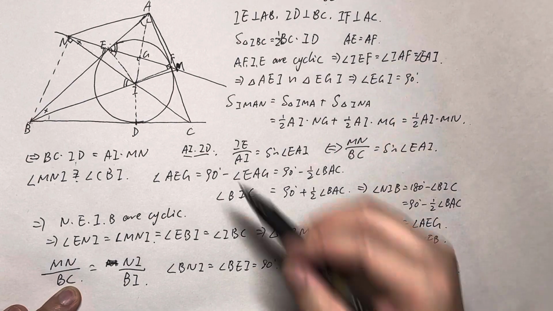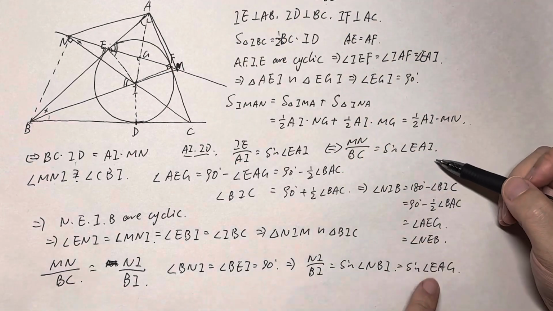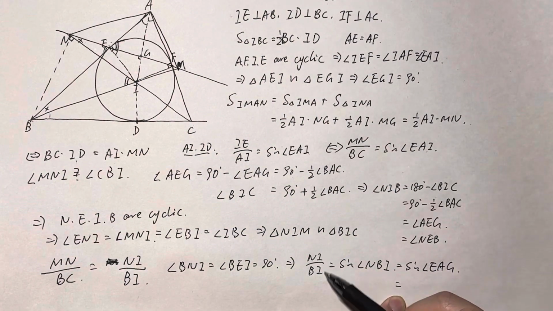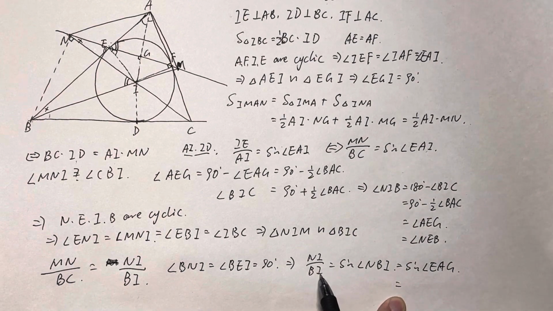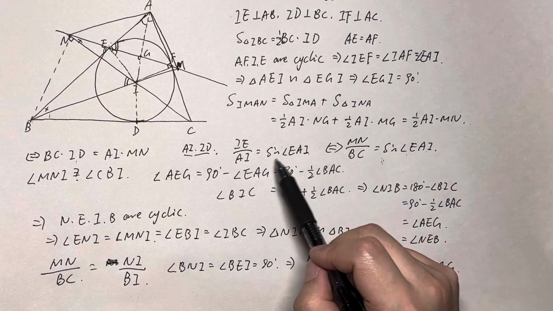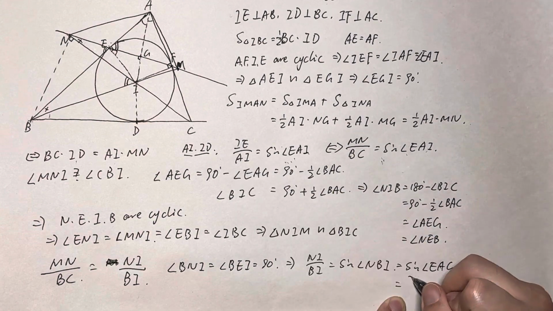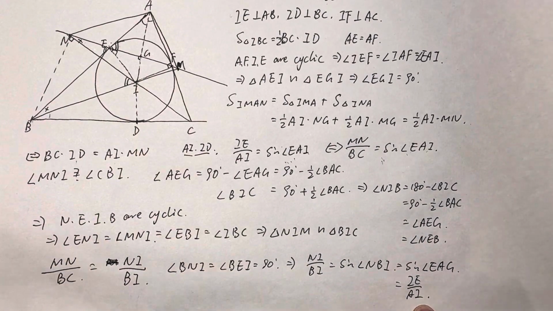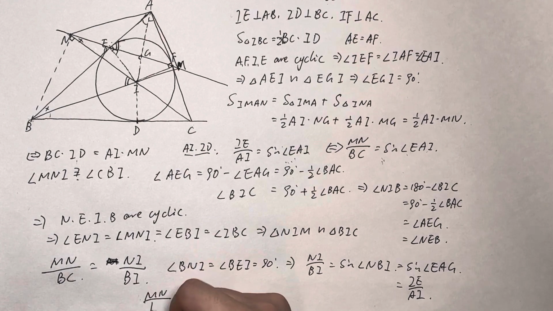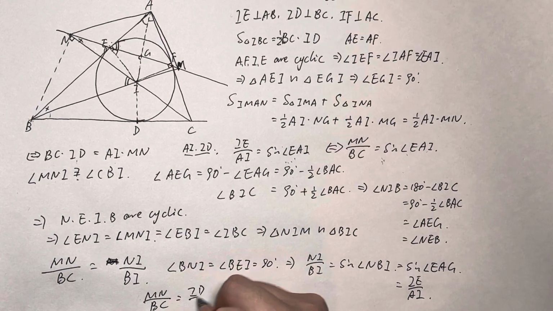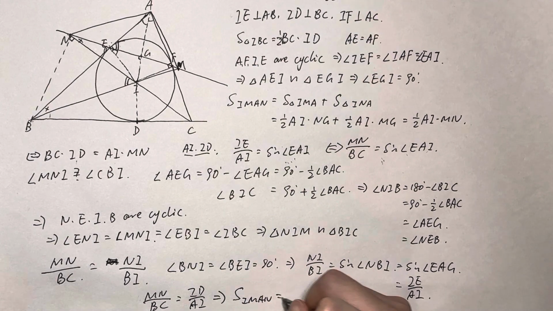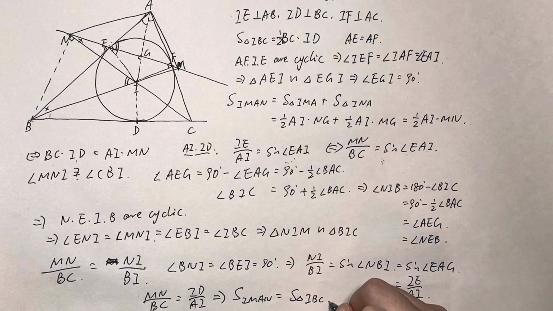Right, EAG is EAI. So we just proved that MN to BC equals NI to BI equals sine of angle EAI. That's what we want. So sine of angle EAI equals IE to AI. And based on that, we know that MN to BC equals IE to AI, which means the area of quadrilateral IMAN equals the area of triangle IBC.